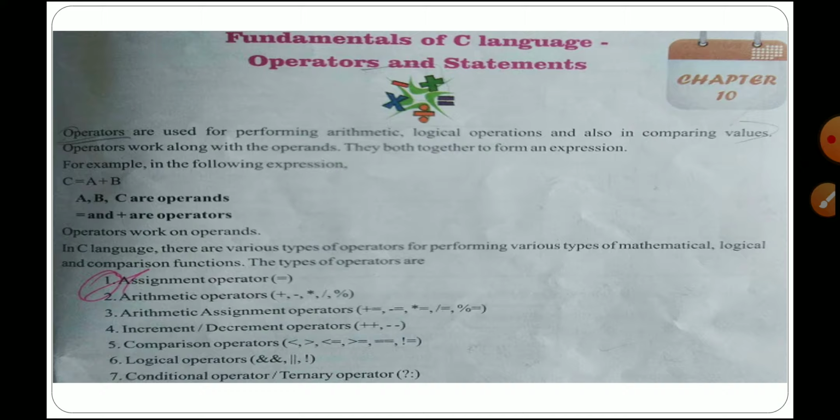Next, what are the types of operators in the C programming language? The book explains 7 operators. First is the assignment operator, the equal symbol. Don't just say equal symbol, call it the assignment operator.